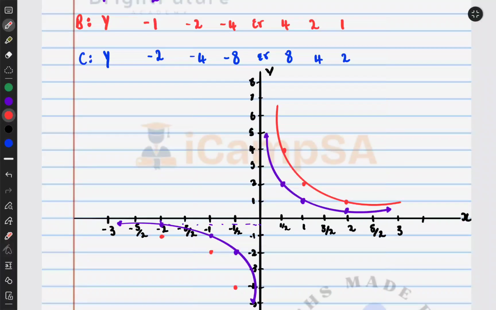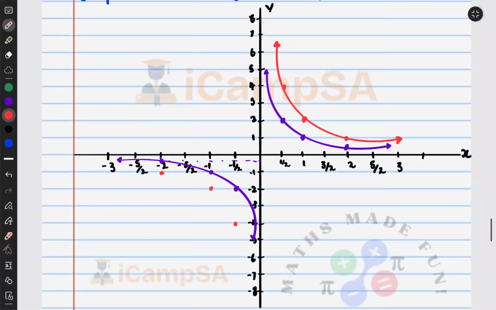As you can see here, the function has now moved upwards, has been stretched upwards, and then it's still approaching the x-axis, but now it has been stretched. This is the corresponding function.